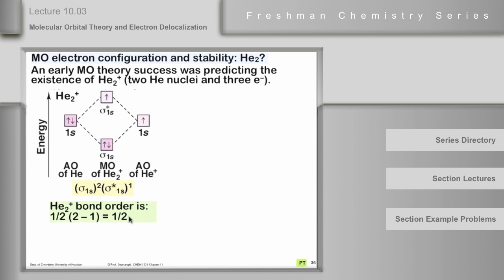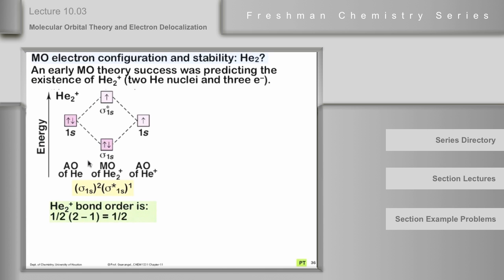And you might say, 1/2, what's that? That can't be worth much. I wouldn't want to be hanging from a ledge with a bond order of 1/2 holding me there. But the rule is that the thing is more stable than its parent atoms if the bond order is anything over 0. This predicts that He2+ should be a stable species.